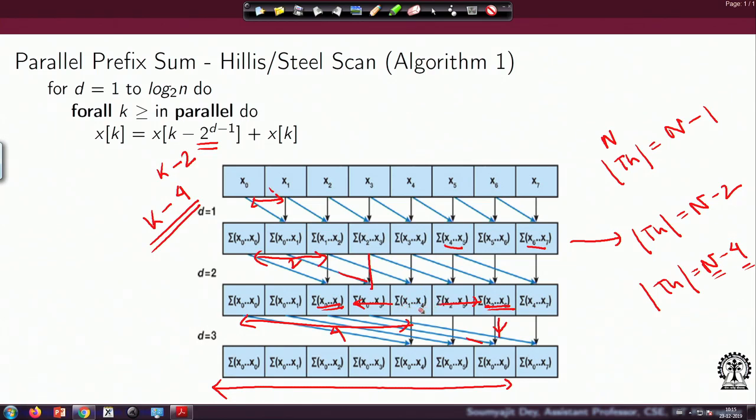I have x1 to x4, and here I have just x0. So I will just add them up and I would get x0 to x4.